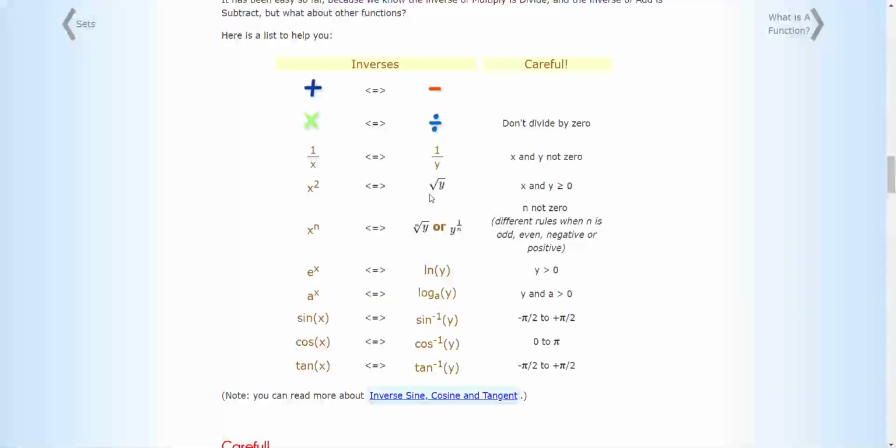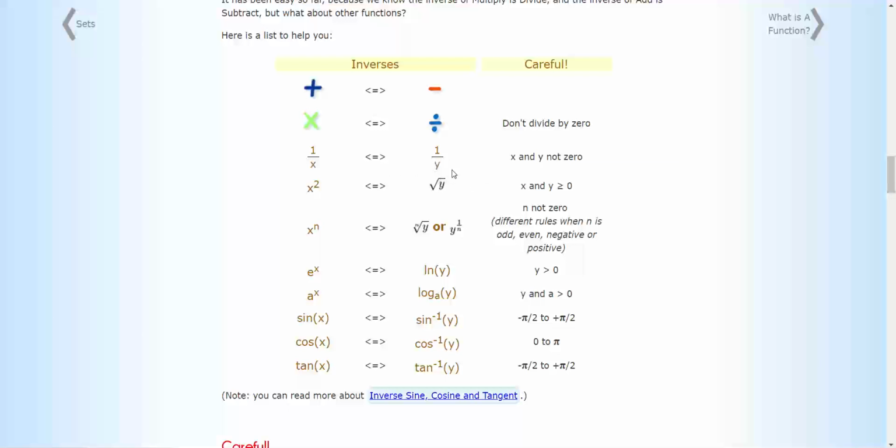And this is the list of inverses that you could use, with the important part being illustrated here in this third column. When it's 1 over x, it becomes 1 over y, so the inverse is basically the same.